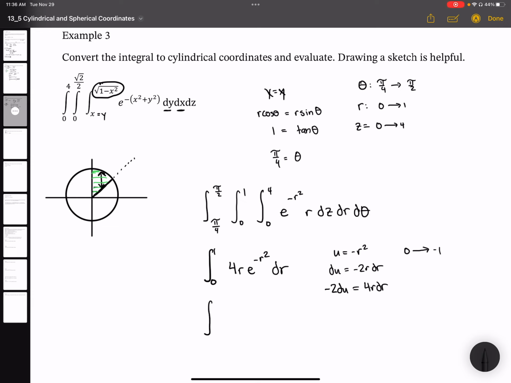So we're going to have an integral from 0 to -1 of -2 e to the u du.